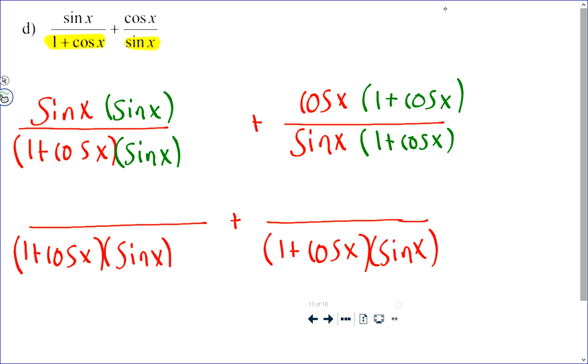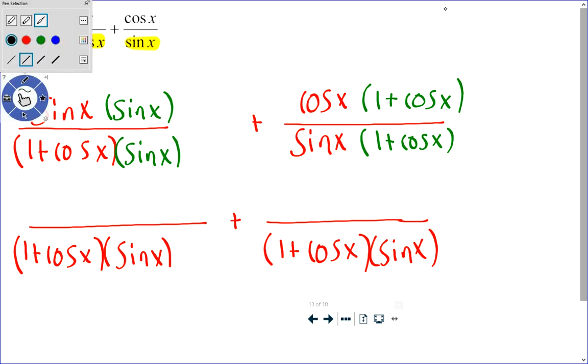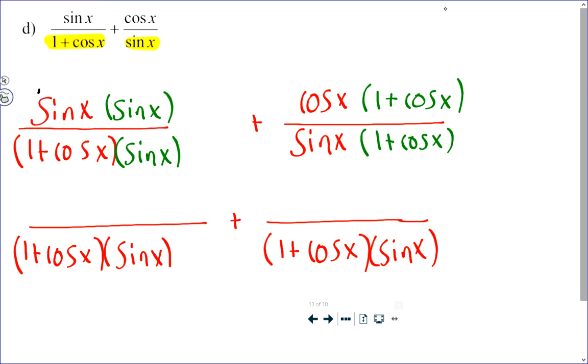Sine of x times 1 plus cos of x is the same as 1 plus cos of x times sine of x. So what do I get on the top of my first fraction? Well, I need to multiply these two things together. That's what I'm going to get on the top.